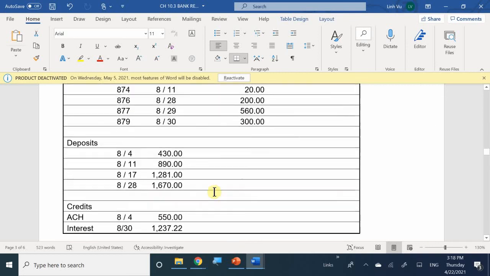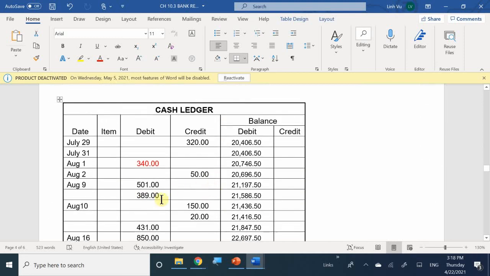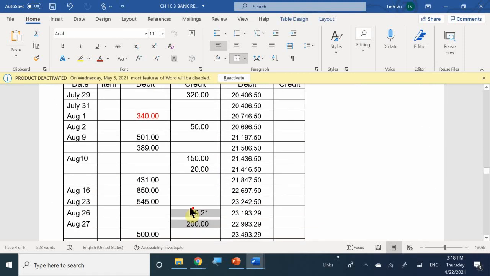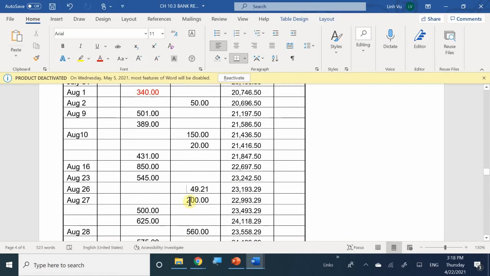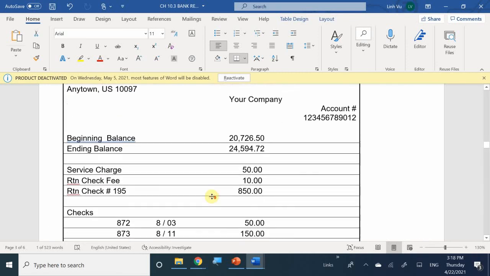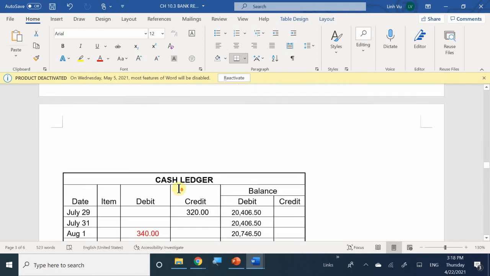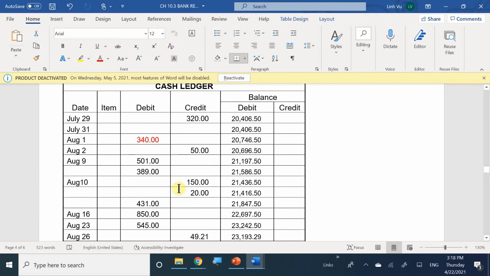No, but we recognized that it was something we wrote, and we wrote it down in our outstanding checks. So that's definitely accurate. What about the $200? Did that clear? Yes, it did. So we're still right there.